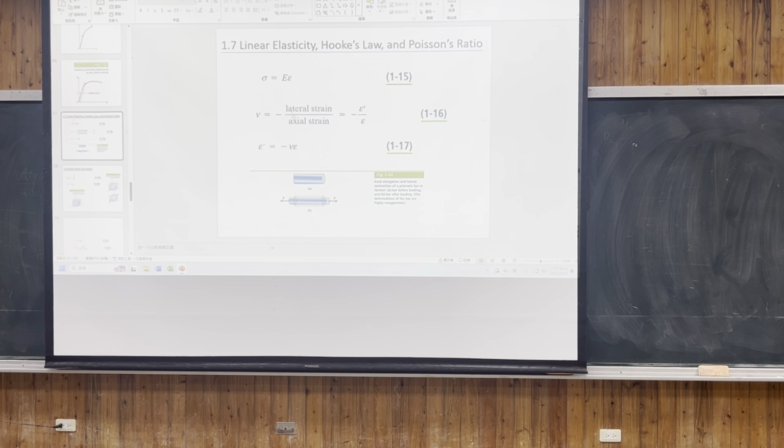Poisson's ratio is defined as the lateral strain over the axial strain. Once you get the lateral strain, you divide it by the axial strain, and you get the Poisson's ratio. And don't forget, there's a negative sign in the definition of Poisson's ratio, so you have to add the symbol.